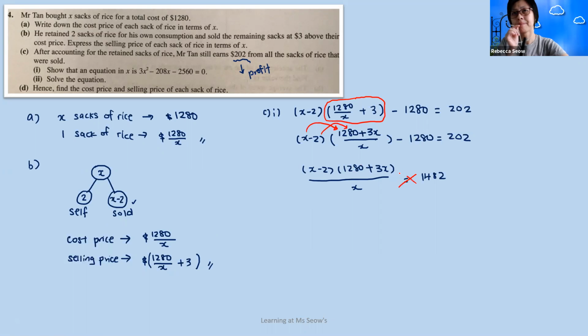I'll multiply, and on the left-hand side, I will have x minus 2 times (1280 plus 3x), right-hand side, 1482x. And at this point, what I could do is to simplify the left-hand side.